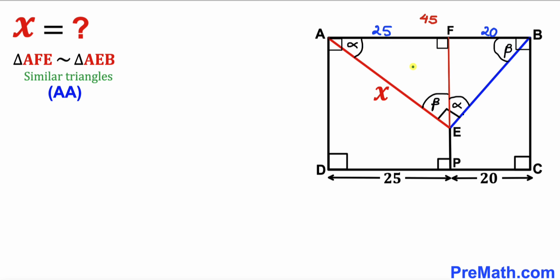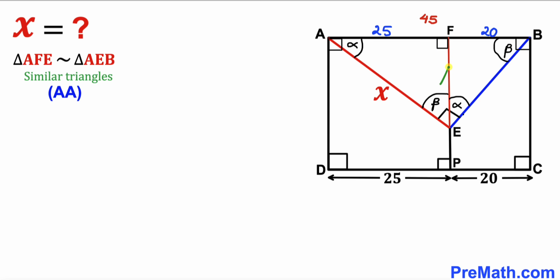So we can see that this right triangle AFE is similar to this bigger right triangle AEB according to the angle similarity theorem, because in the right triangle AFE we have this angle alpha, this angle beta, and a 90 degree angle.